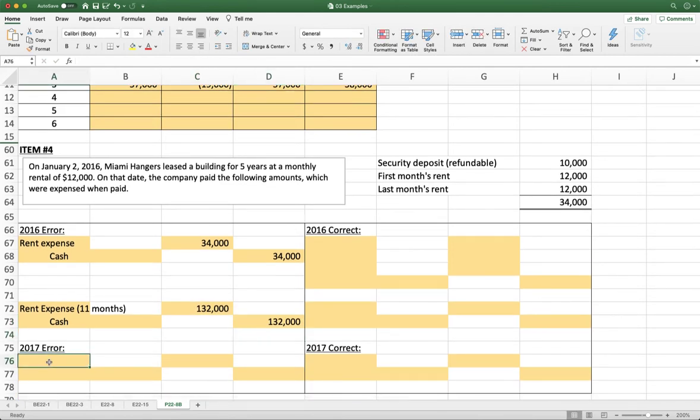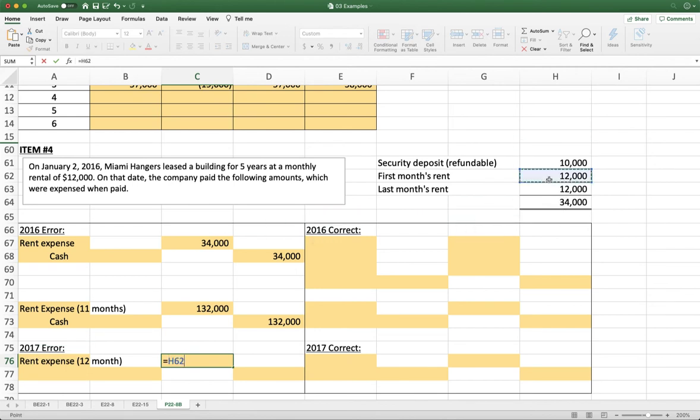Then in 2017, we're assuming they continued to pay their rent. Now for a full year, at that same rate of $12,000 for 12 months gives us a total of $144,000 that they paid throughout the year.